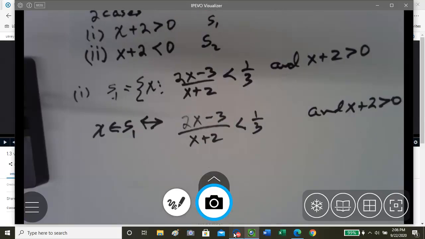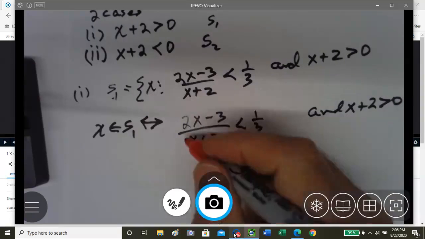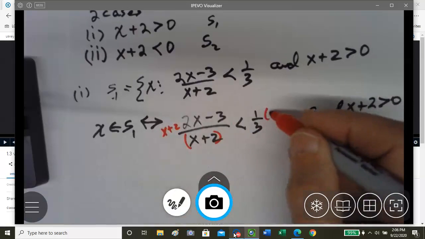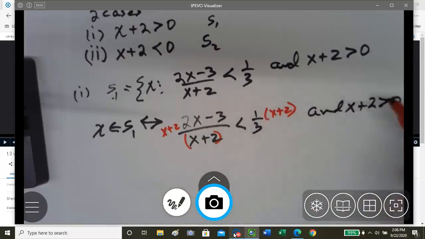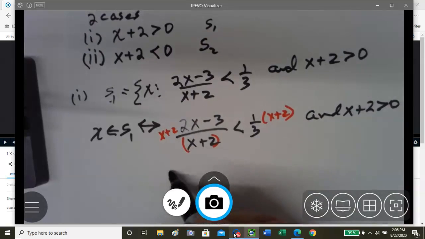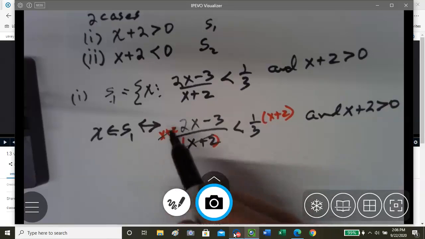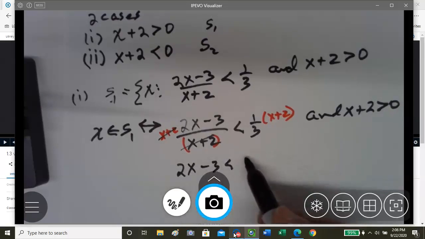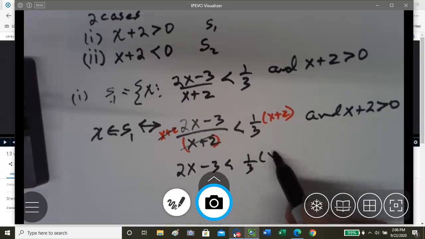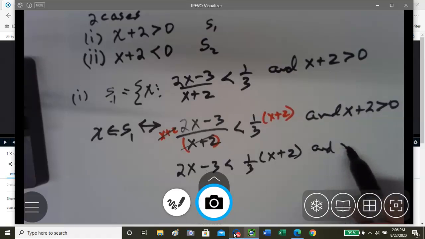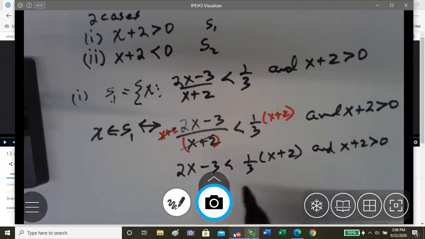Okay, so here we're going to go ahead and multiply out the denominator, x + 2 times x + 2. And since x + 2 is positive, it's not going to switch the inequality sign. So cancel those two out, and we get 2x - 3 is less than 1/3 times (x + 2), and x + 2 is greater than 0.